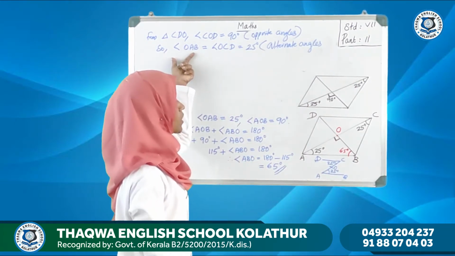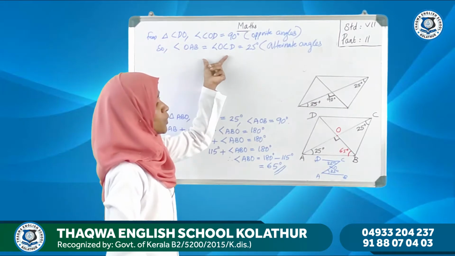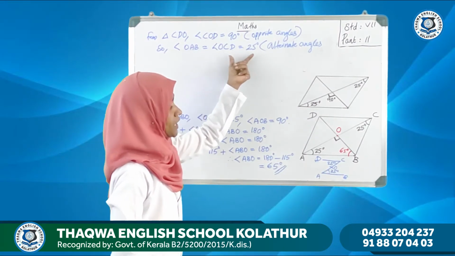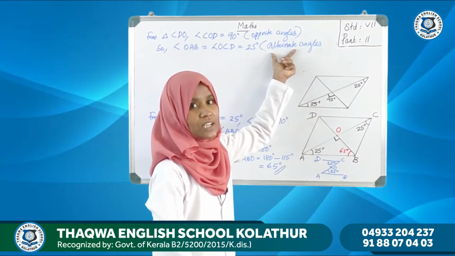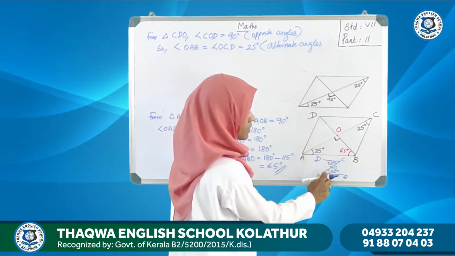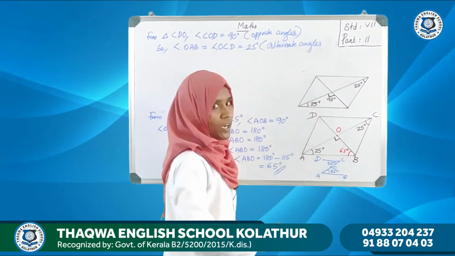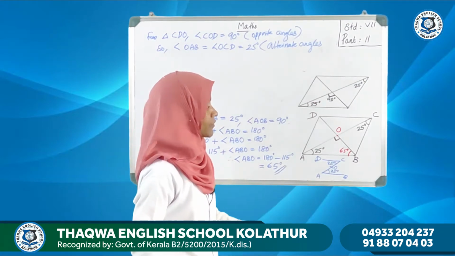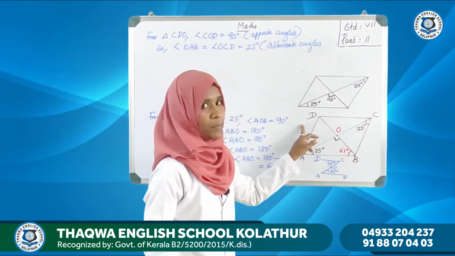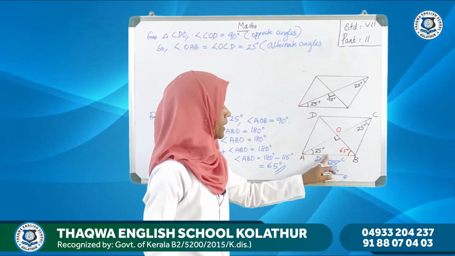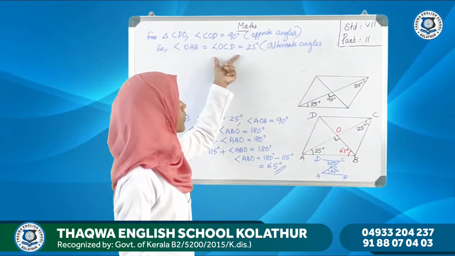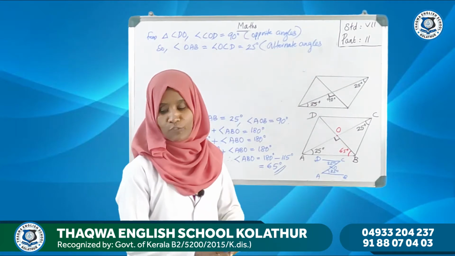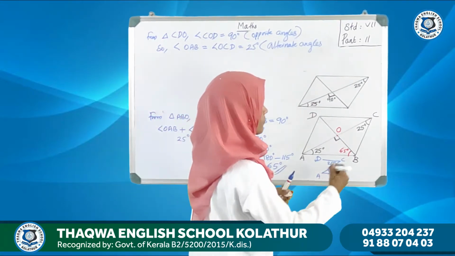Okay, angle OAB equals angle OCD equals 25 degree. Reason, alternate angles, that is AB and CD are parallel. You have given ABCD is a parallelogram, then AB and CD are parallel. So angle OAB equals angle OCD equals 25 degree.